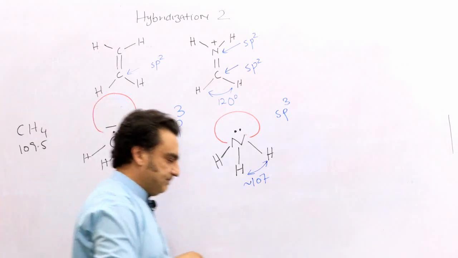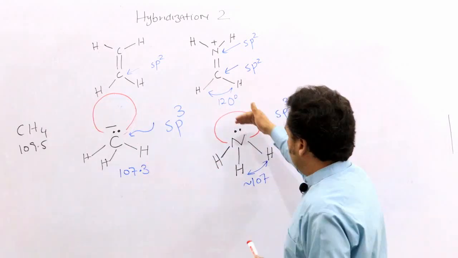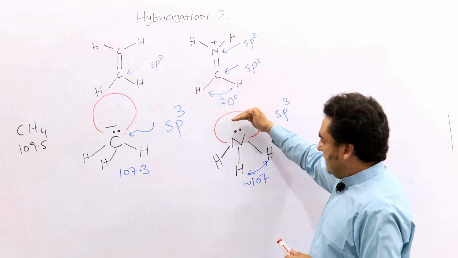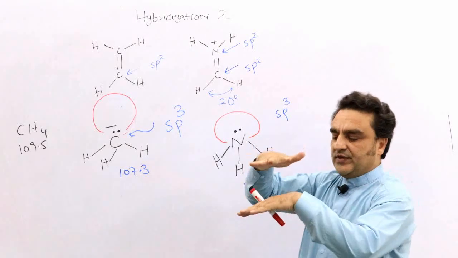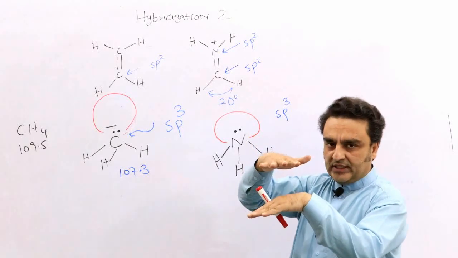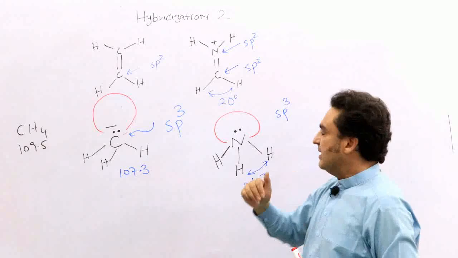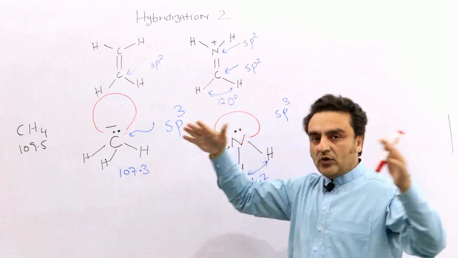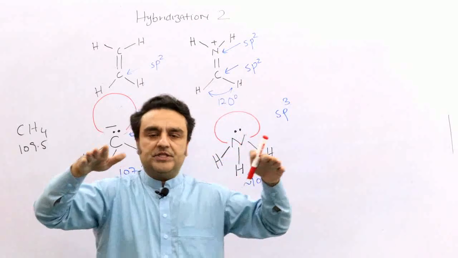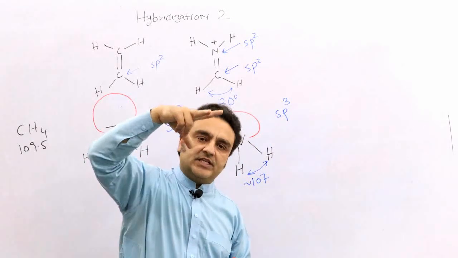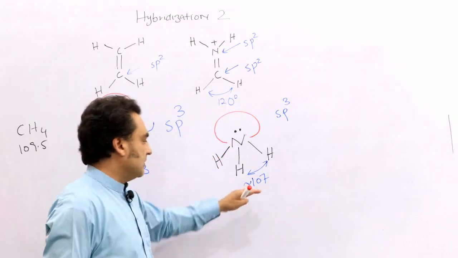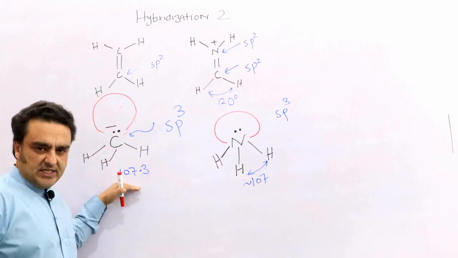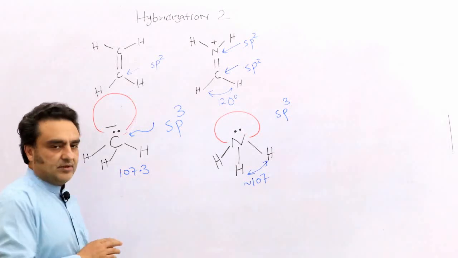Now, because the lone pair on the nitrogen is almost sitting very near on the nitrogen, it can exert more pressure, and it can compress, or you can say shrink, the bond angle more. So this is smaller, and this shrinks a little bit less, so it is a bigger angle.